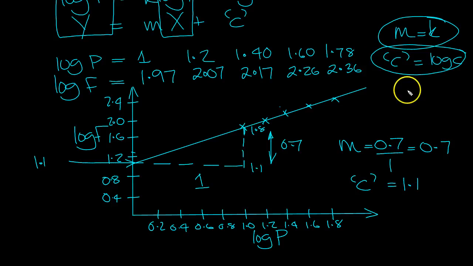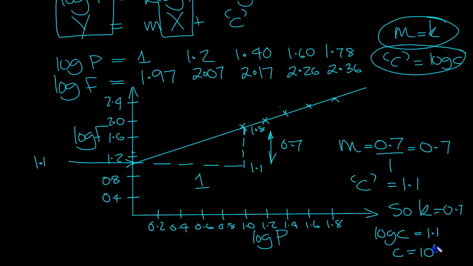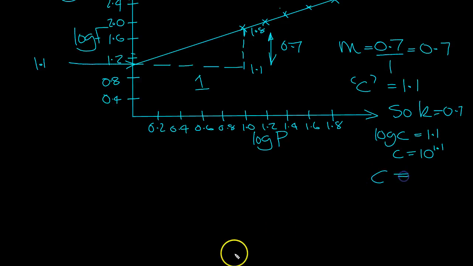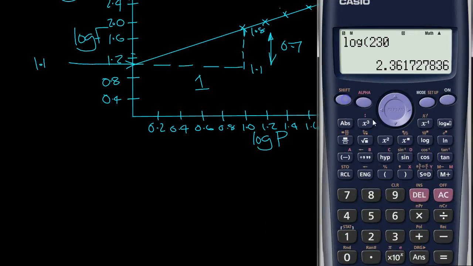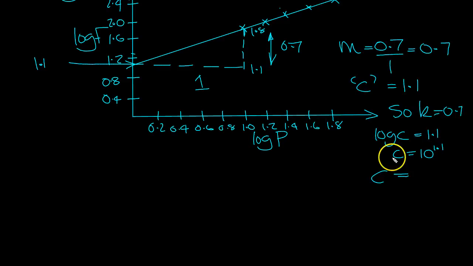So here K is 0.7 and log C in the original is 1.1. This is log to base 10, so it's 10 to the 1.1. Okay, so C would equal then 10 to the power 1.1. 12.5, 12.6.